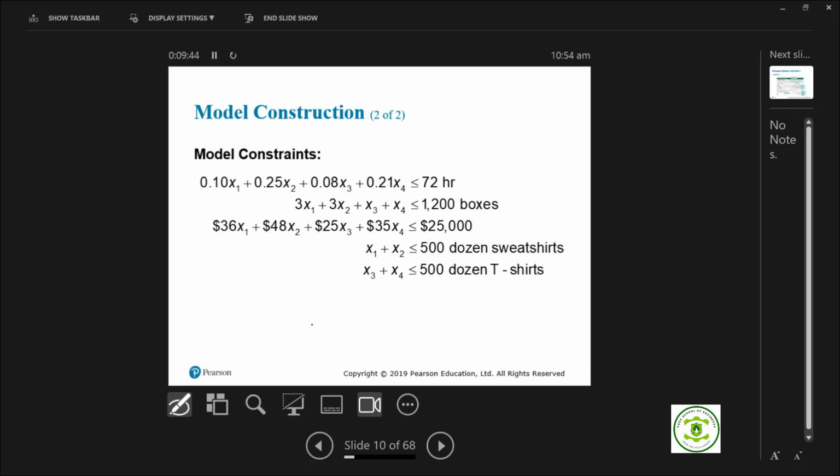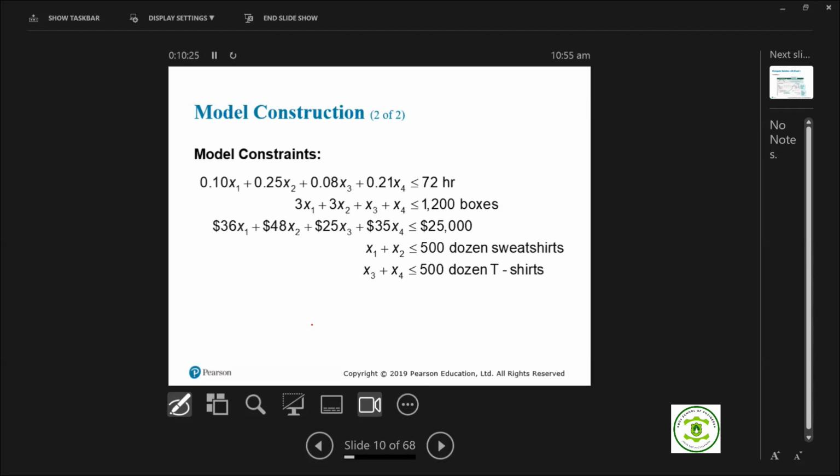So that explains why you have 3X1, 3X2, and then X3, and then X4. All of that should not exceed 1,200 boxes. Otherwise, the car cannot carry it. Overloading is not allowed. If you are going twice, you see, you are increasing cost.